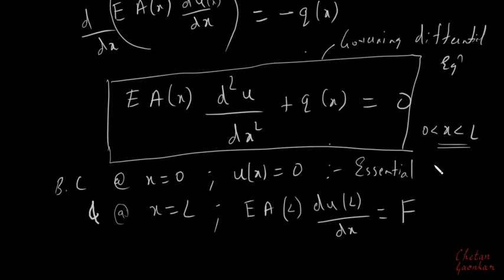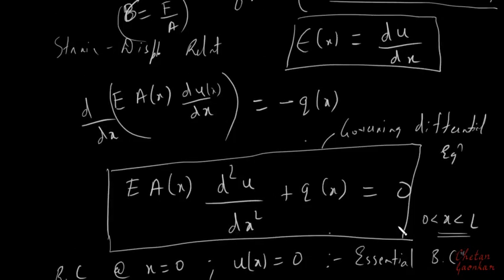This other boundary condition has to do with the applied force or the moments, and that is why this kind of boundary condition is called natural boundary condition. Again, essential boundary conditions have to do with displacement or constraints, and natural boundary conditions have to do with applied forces or loads.